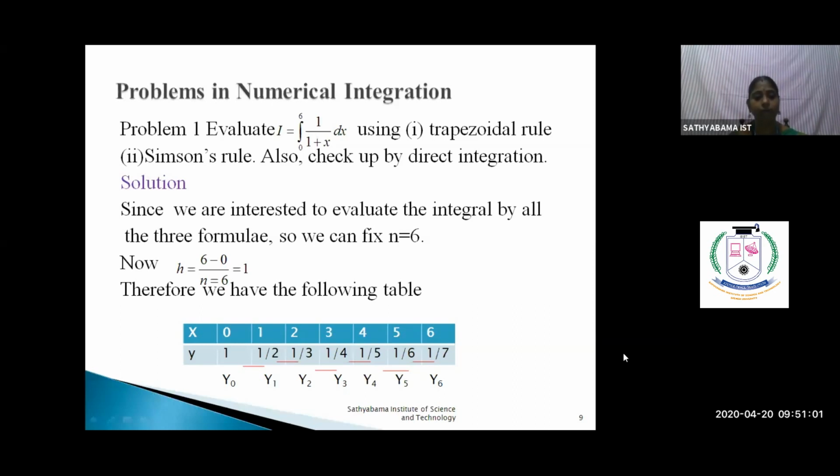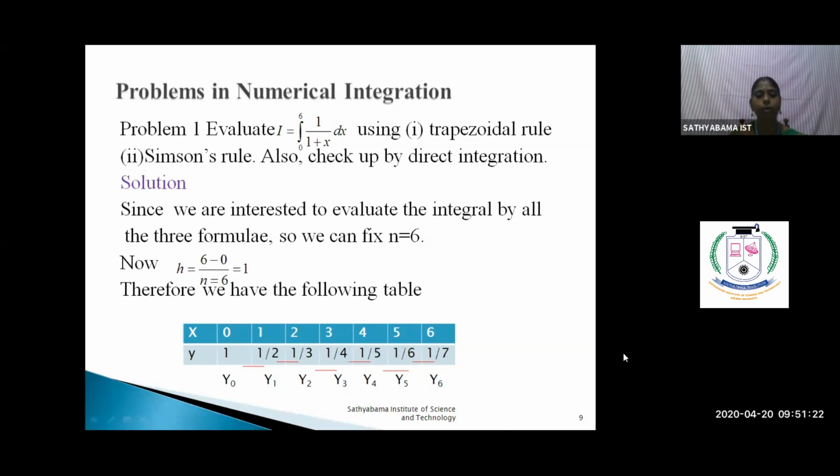With that equal interval 1, I have written 0 to 6 in this order: 0 to 1, 1 to 2, 2 to 3, 3 to 4, 4 to 5, 5 to 6. So the length of each x step is 1, so h is equal to 1.